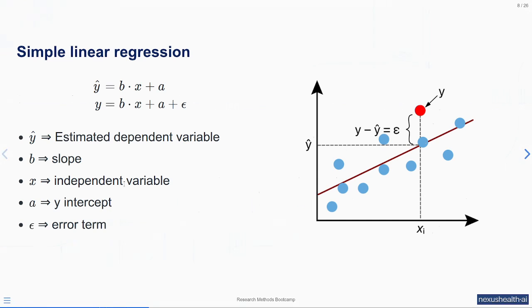In the second equation, y equals bx plus a plus epsilon, x is the independent variable, a is the point of intercept on the y-axis, which is here, and epsilon is the error term.